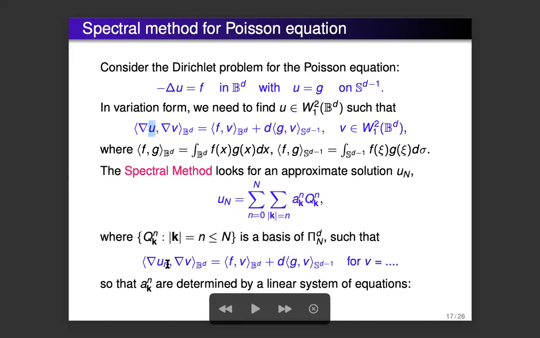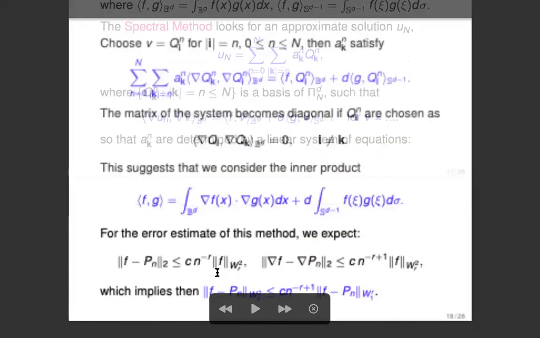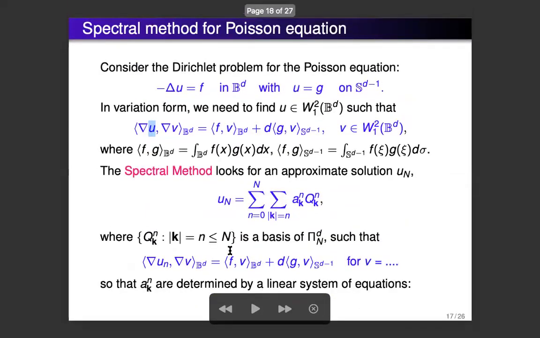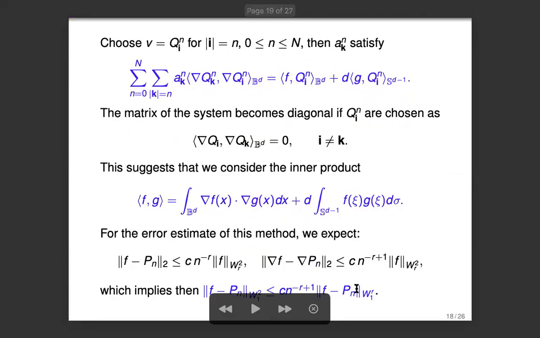I'm simply going to plug this u_N into this. So what's going to happen? I'm going to replace u by u_N in this. I'm asking for what v? I'm going to choose my v as some special form, so that the a_kN, these coefficients, are determined by a linear system of equations. How do I do that? I'm going to choose v equal to q_i for i up to n.